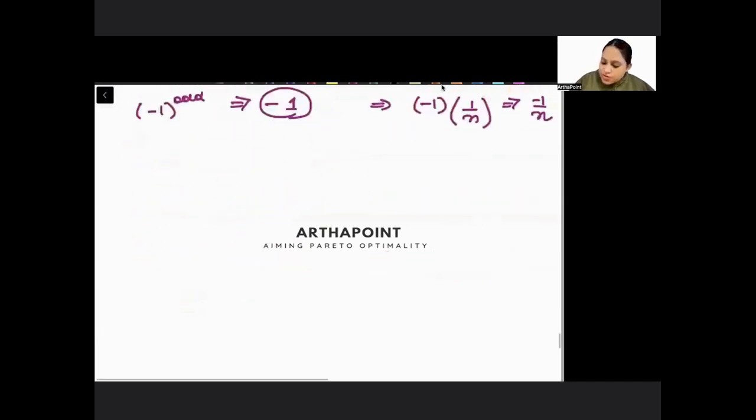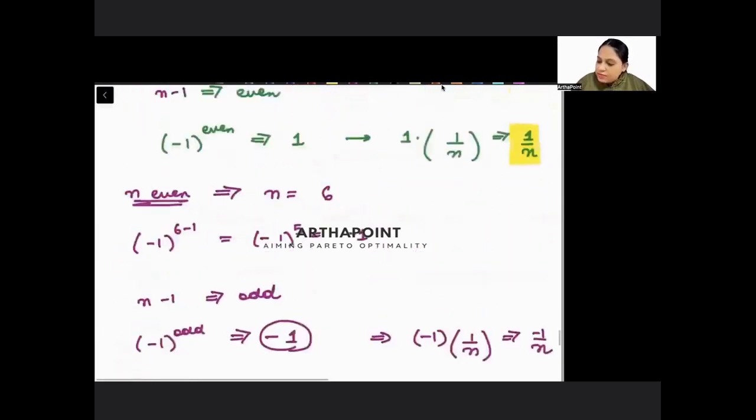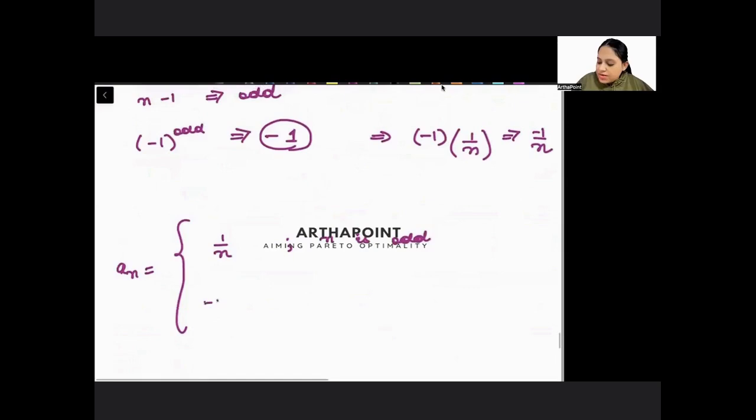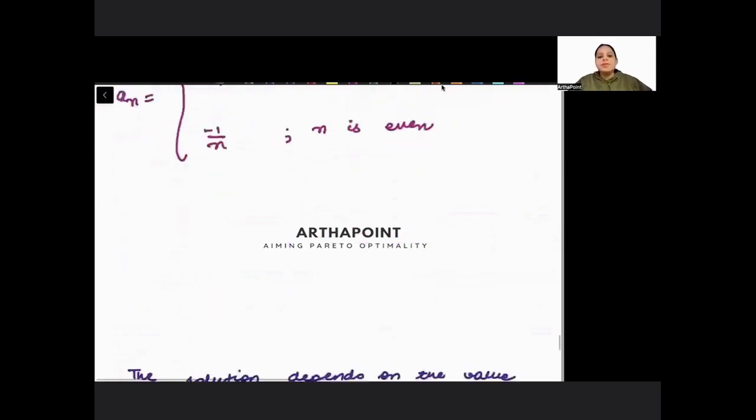So your sequence an is going to take two parts, beta. An will become 1 by n whenever n is odd, and an will become minus 1 by n whenever n is even. Okay.